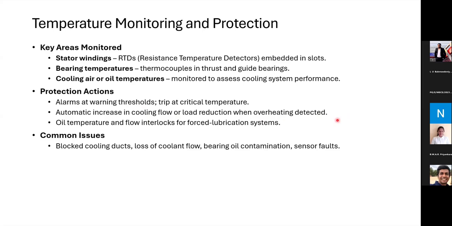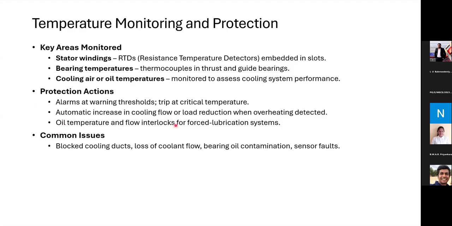Like the generator, the heat dissipation depends on the amount of load it is operating at, and based on the current operating temperature, the operating staff can take action, or it can be taken automatically, to change the load of the machine so that it can reduce the temperatures and come into a safe operating point.